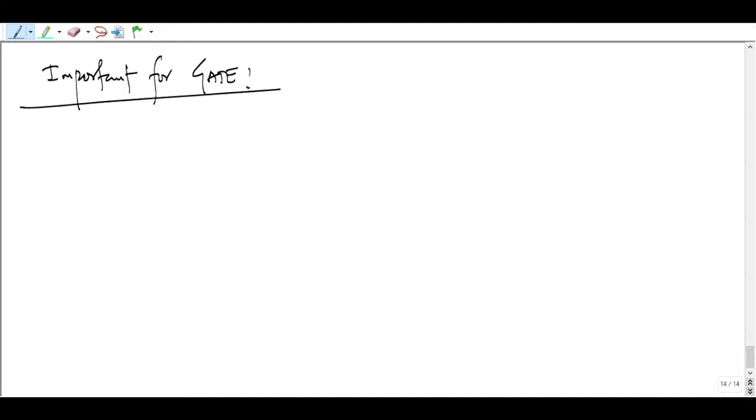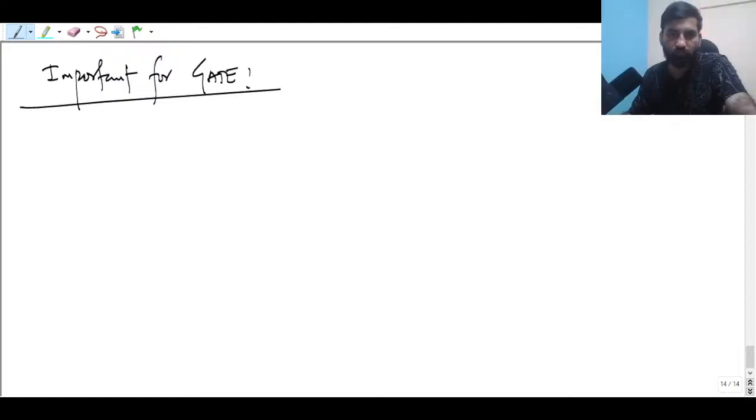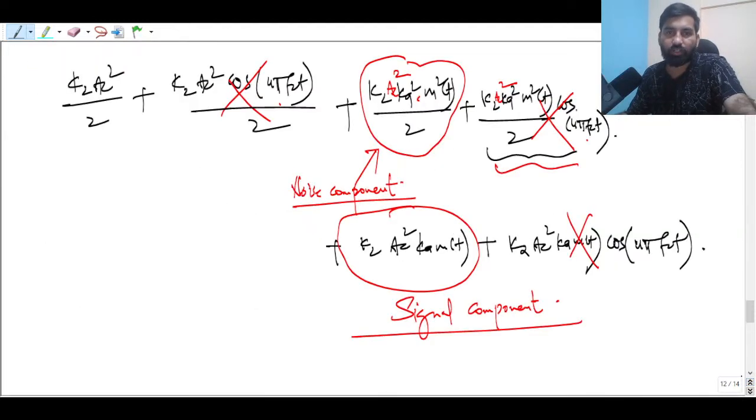So what you have to do then? Okay, so what you can do here is you can take the signal part and the noise part component for the device. I think this is the component here. You can take this and this, right?